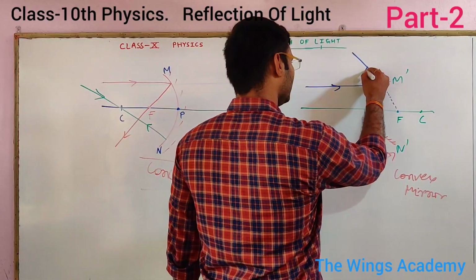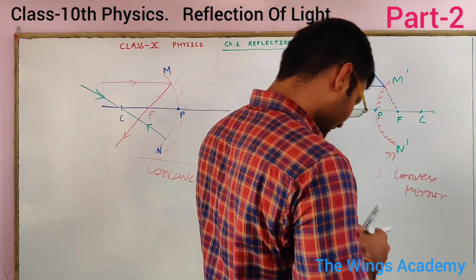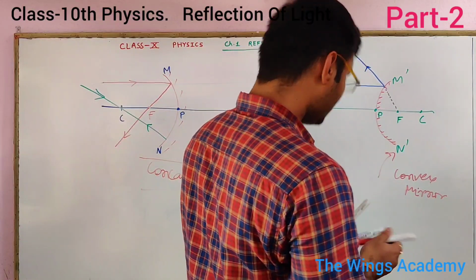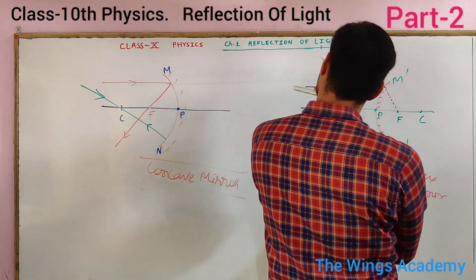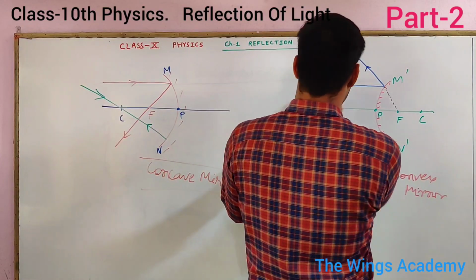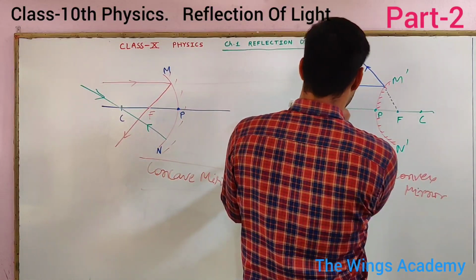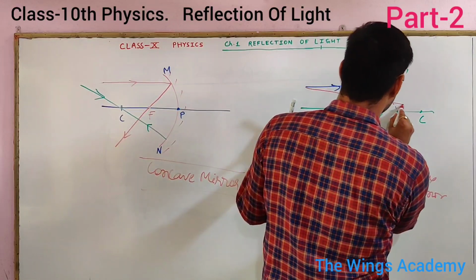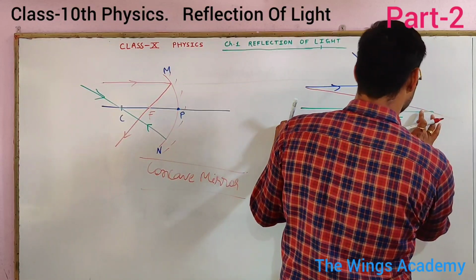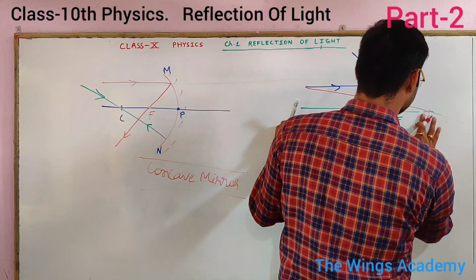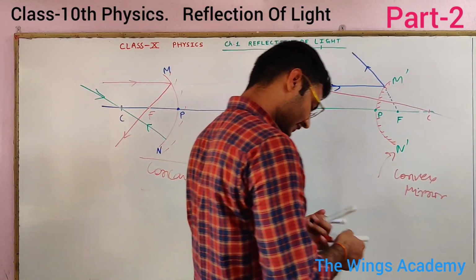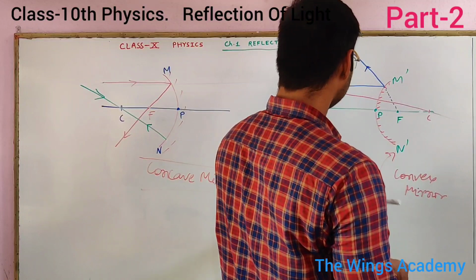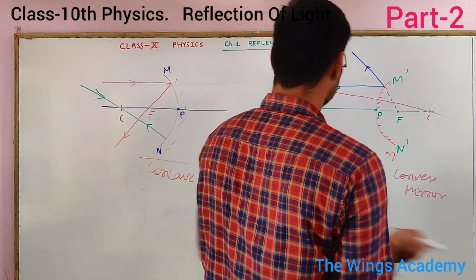The second one is a ray coming toward the center of curvature, and after reflection it is going to retrace its path.